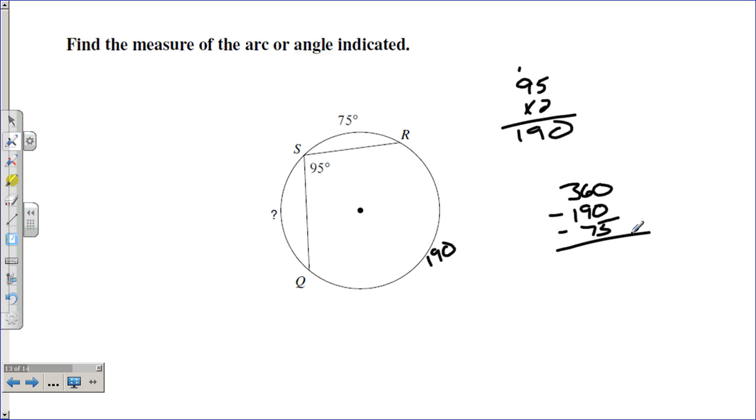If I do my math here, I get 95. So this is 95 degrees. And that's how we do these things.